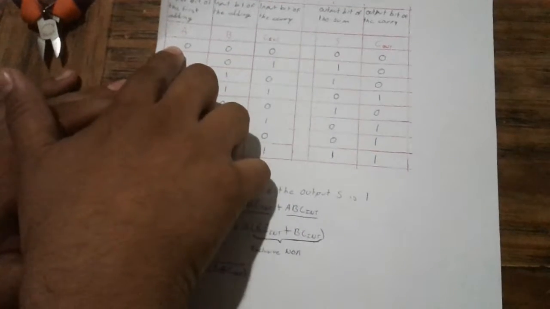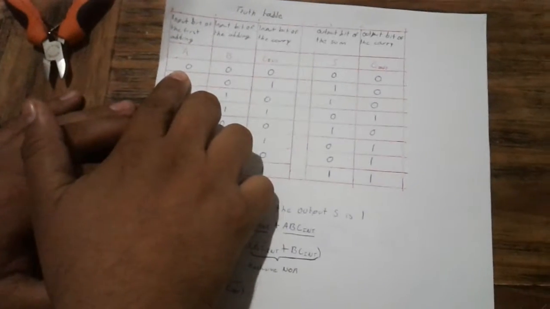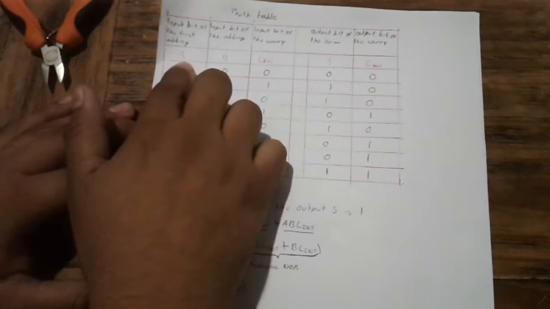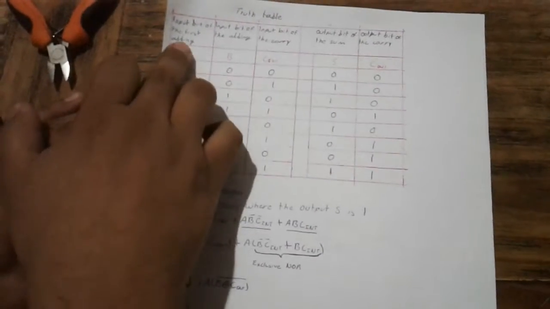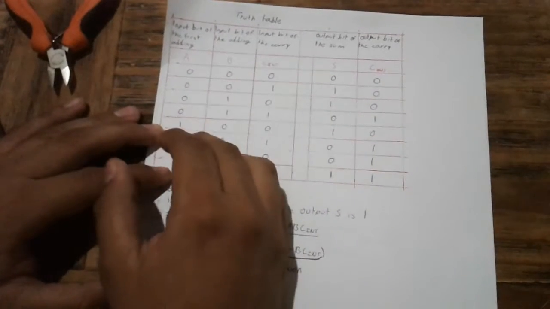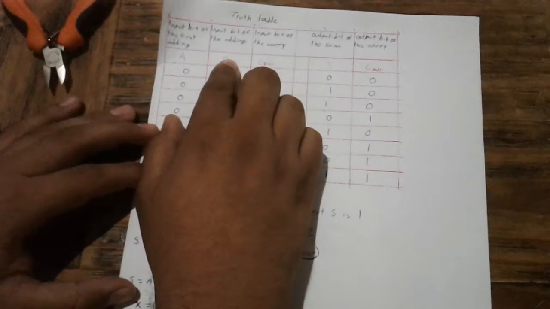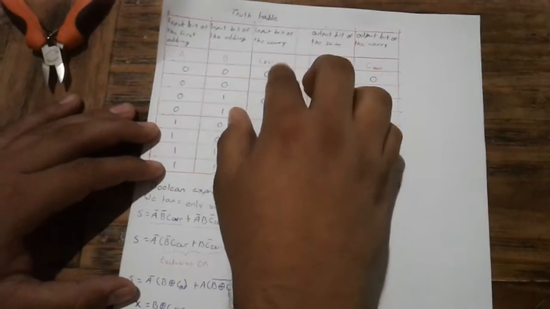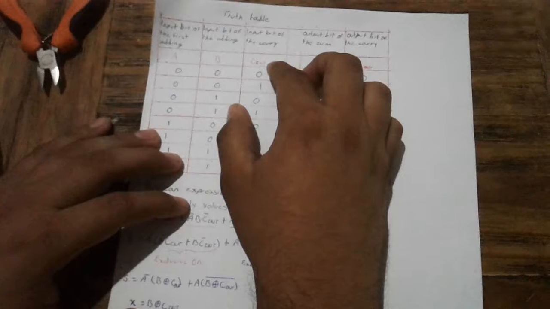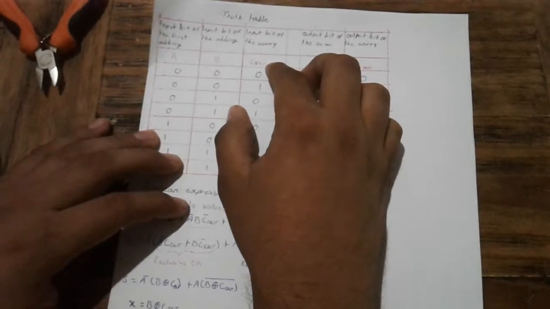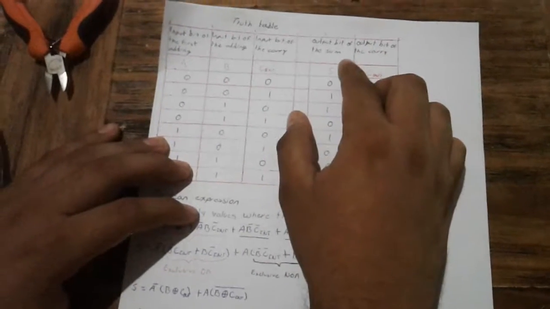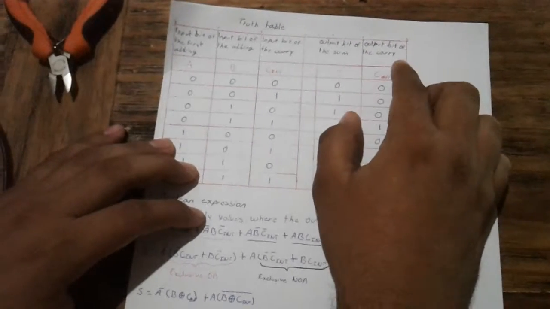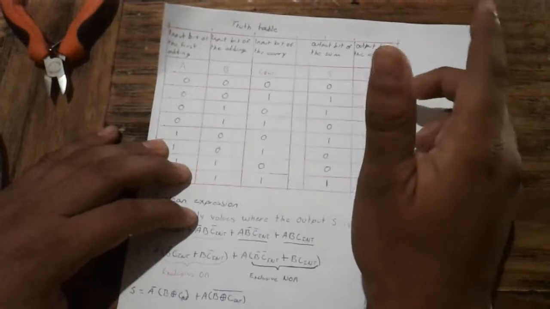For example, when we have the input A and the input B, first the three inputs are: the first is the addend, the second input is the augend, and another input is the carry. And the outputs are an S and a carry output.